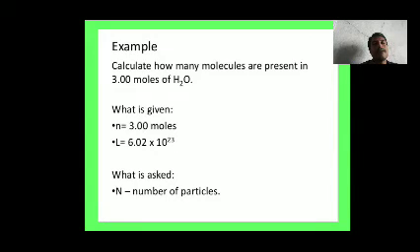Given data: number of moles n equals 3.00 moles, and we use the Avogadro number 6.02 × 10^23. What is asked? How many particles N?